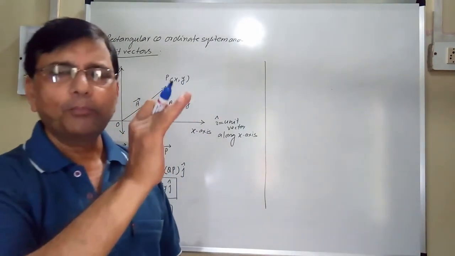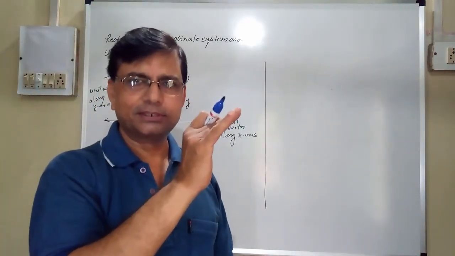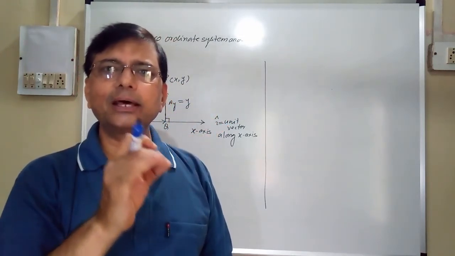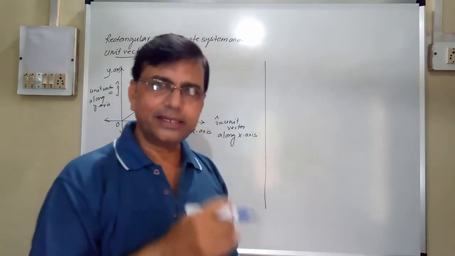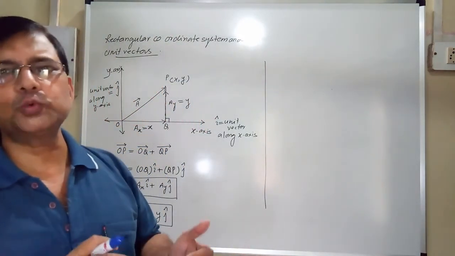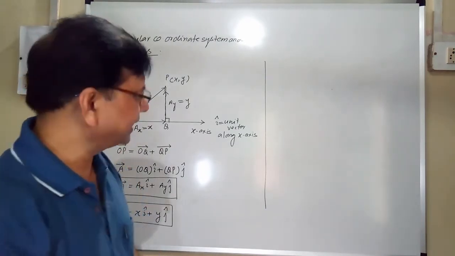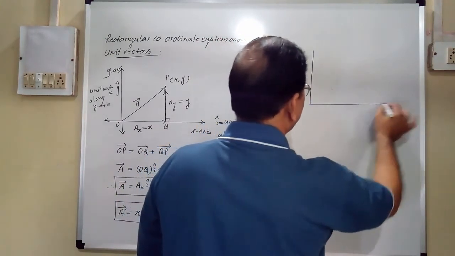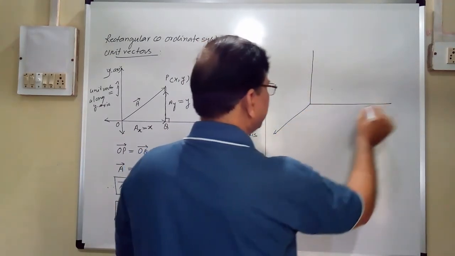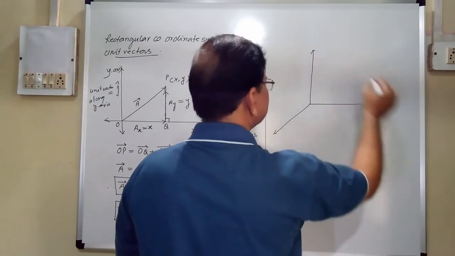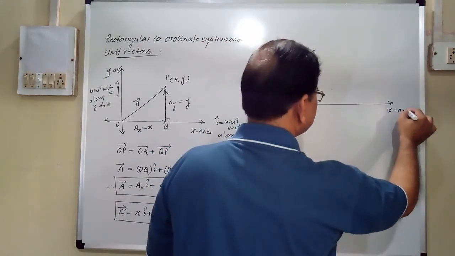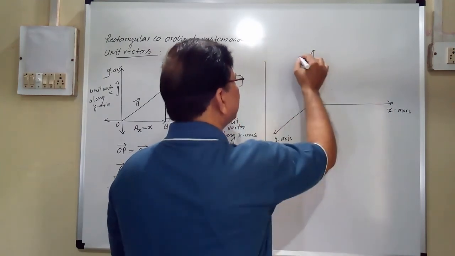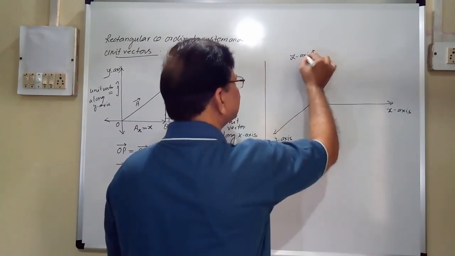So when the point is in space, the reference axes are three rectangular coordinate axes, and these are mutually perpendicular to each other. So it can be represented like this. These are 3 axes: this is x-axis, this is y-axis, and this is z-axis.